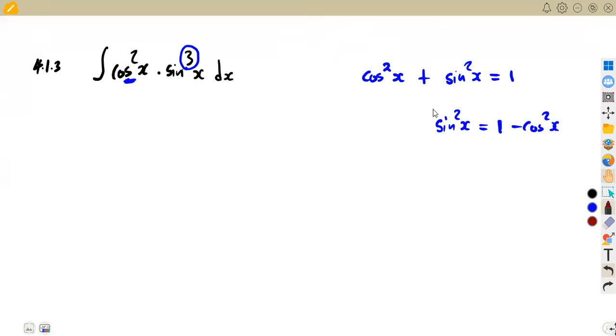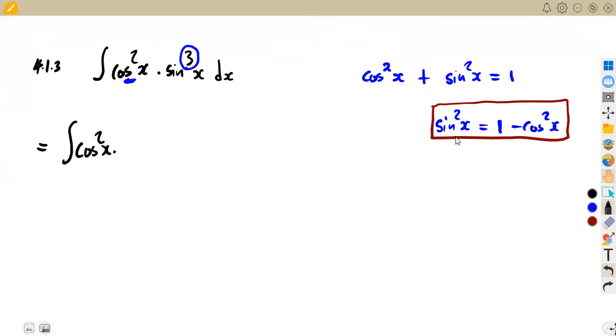So this is the one that is going to represent sine squared x. But here we are not having sine squared x, we are having sine cubed x. So that means we are supposed to separate this as cos squared x times, in order for us to have sine squared, sine squared x times, to obtain sine cubed, it means you were multiplying again by sine x.